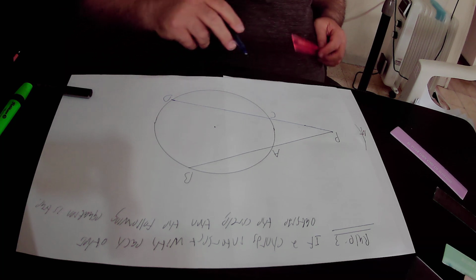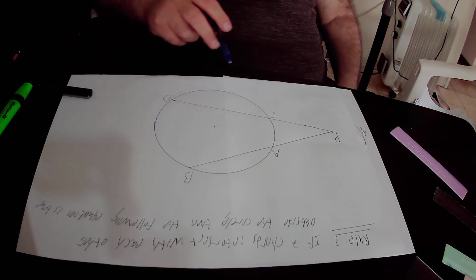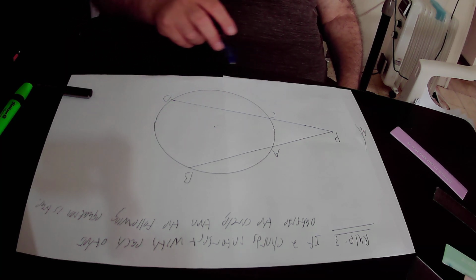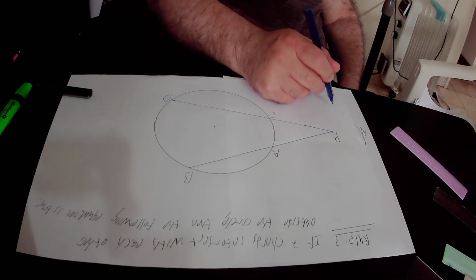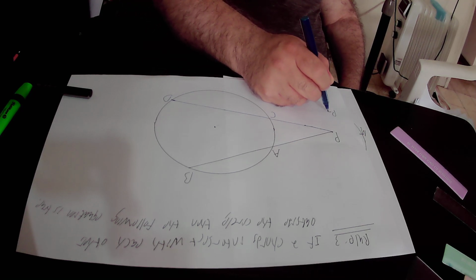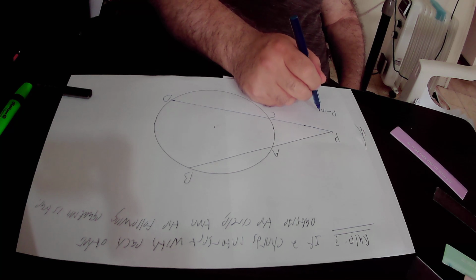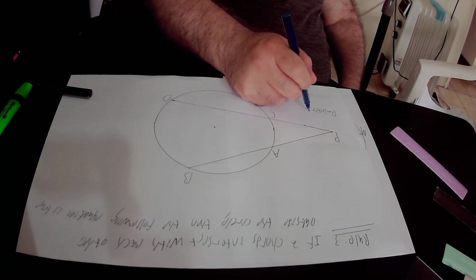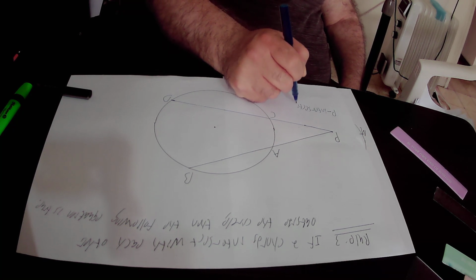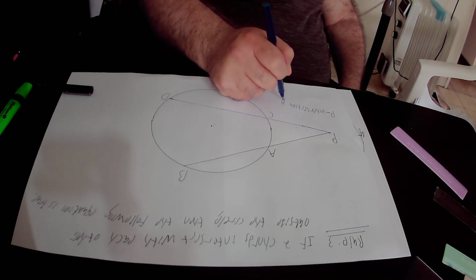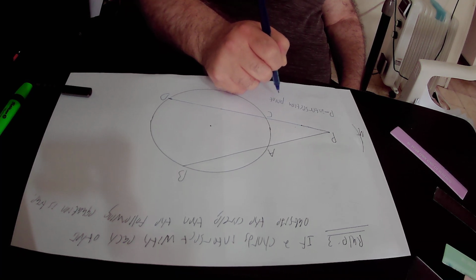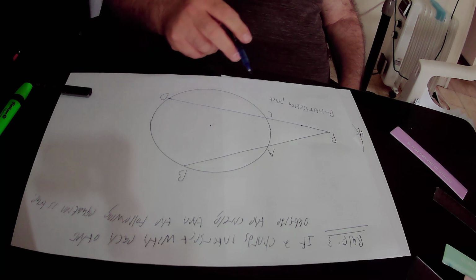I repeat again, chord AB intersects with chord CD at point P. Point P is the intersection point. I write it down that point P is the intersection point of chord AB with chord CD.